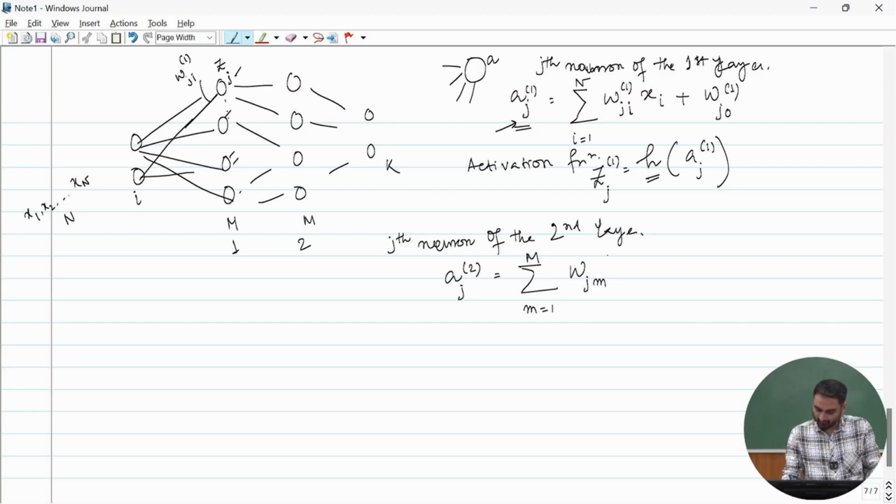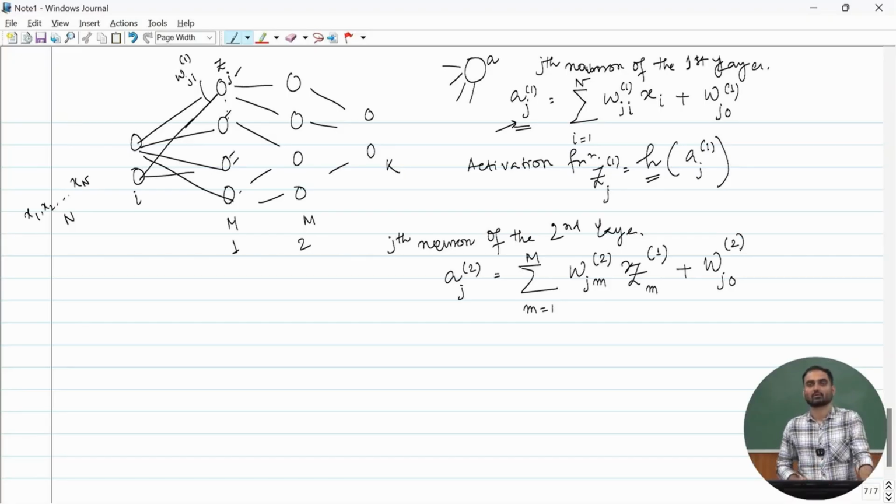Wjm 2 times Zm1, plus the bias Wj0 2. Please pay attention to the notation.